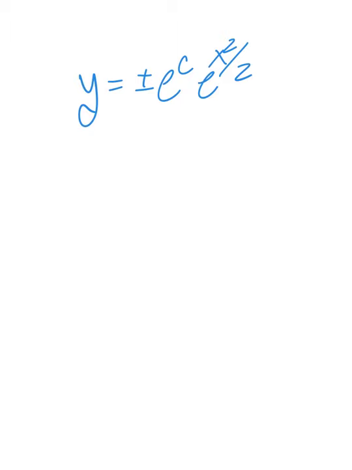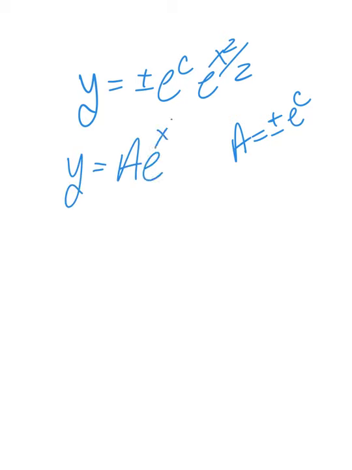Let's clean it up a bit. Remember, c is just a number. E to a number is just a number. Plus or minus that number is just a number. So instead of all that, plus or minus e to the c, I'm going to call it the letter a. And just say that's our number. That's our constant. So y equals a e to the x squared over 2.